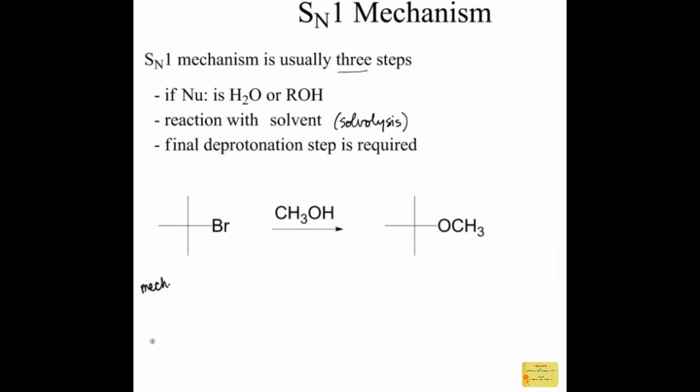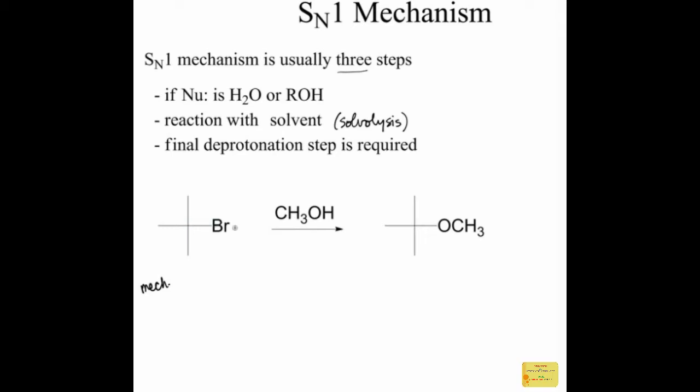Looks like a substitution, right? Which substitution mechanism do you think we'll want to do here? Let's assume that we don't already anticipate that it's an SN1. How can you verify that it should be an SN1 mechanism? SN1 means carbocation.